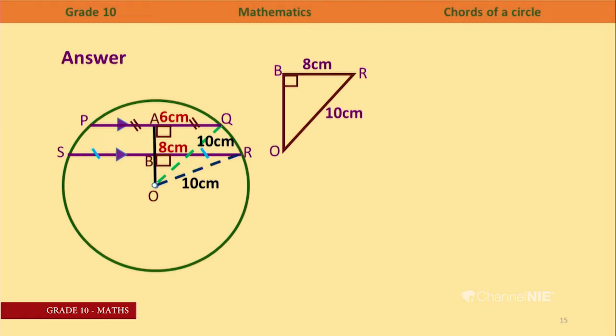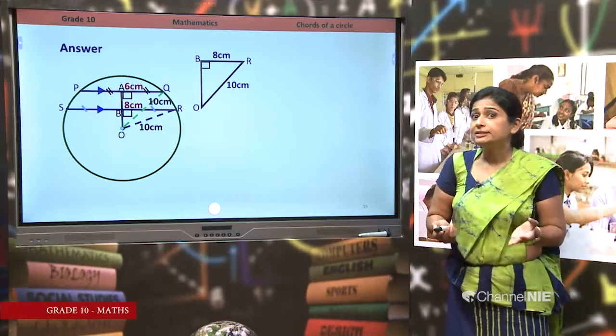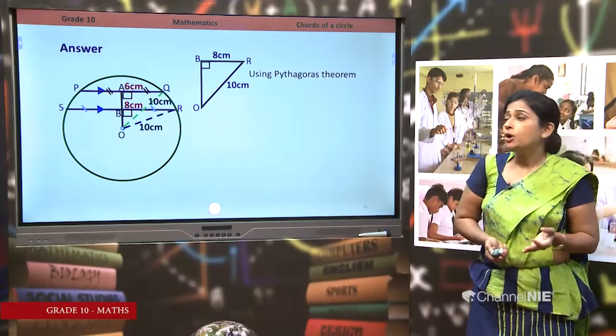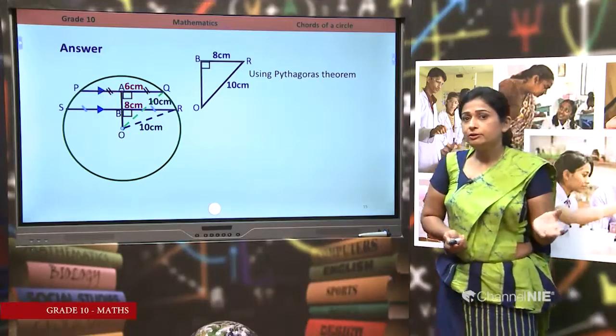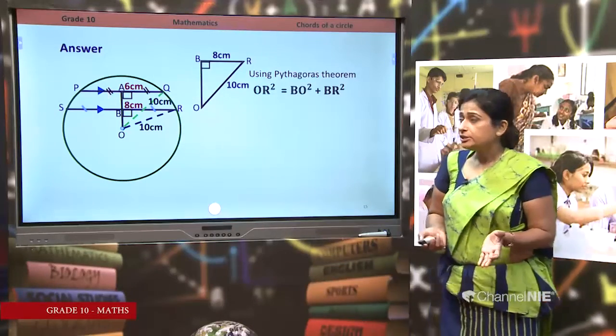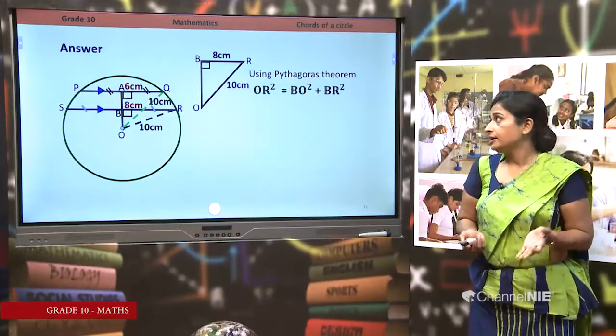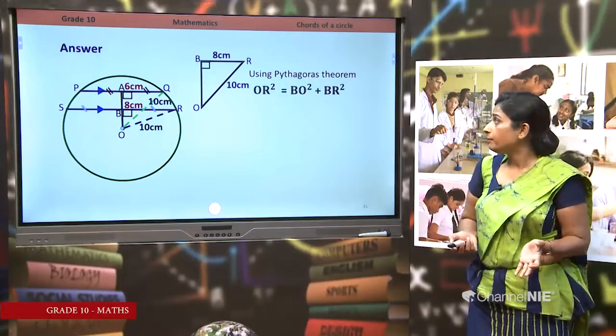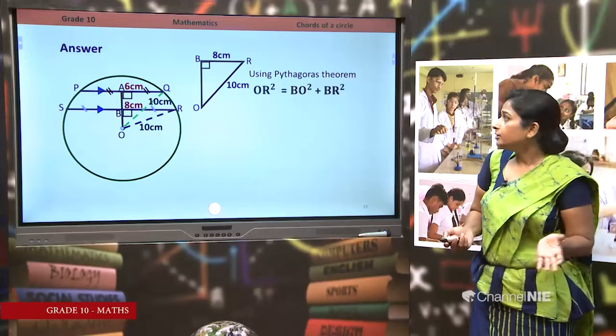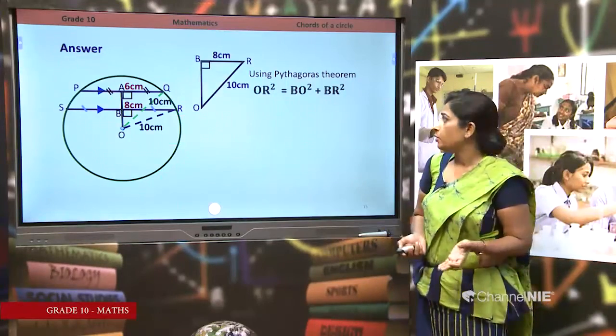Same thing we have to do. We apply the Pythagoras theorem to find the OB length. According to this triangle, OR is the hypotenuse, so OR squared equals OB squared plus BR squared. Then substitute the values.